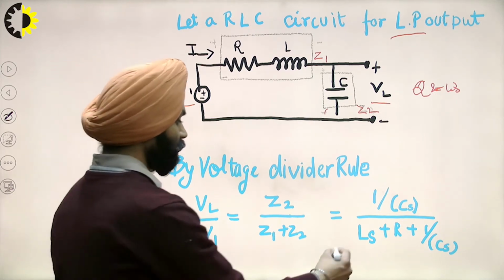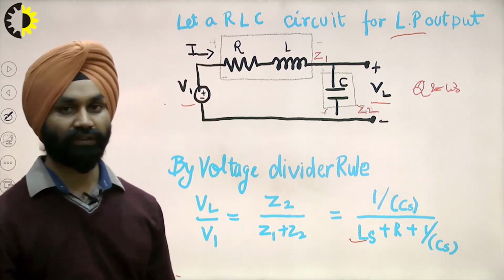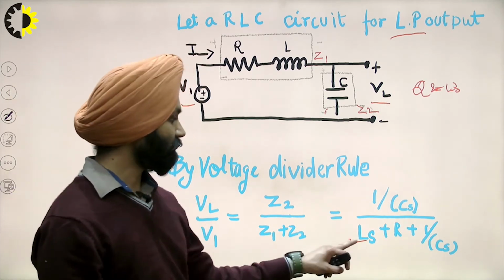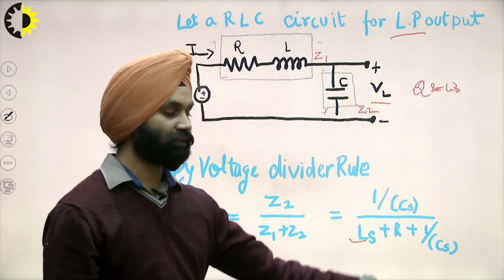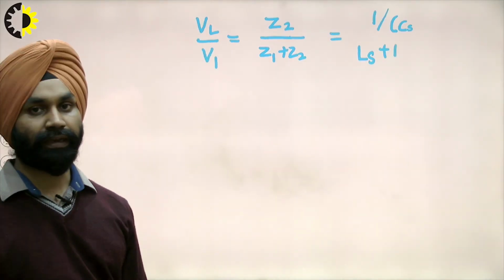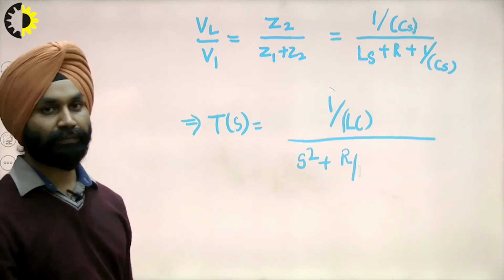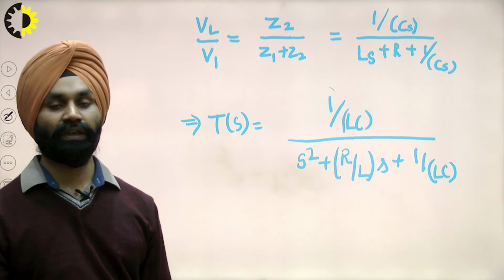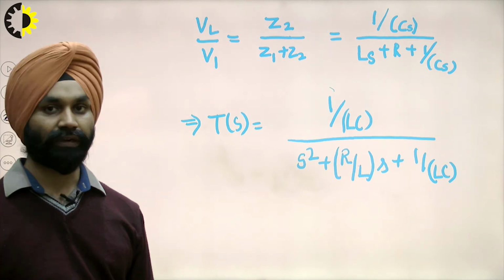So, we get the transfer function of this circuit in this form, 1 upon Cs divided by Ls plus R plus 1 upon Cs. So, VL upon V1 given by this equation will be the transfer function of the filter. Now, remember our conditions.